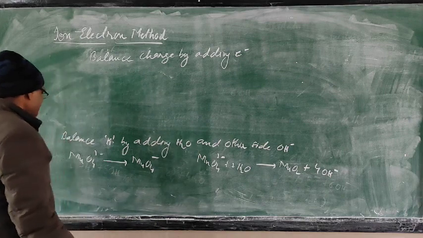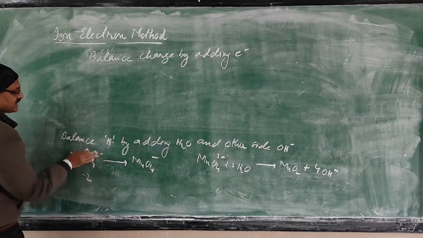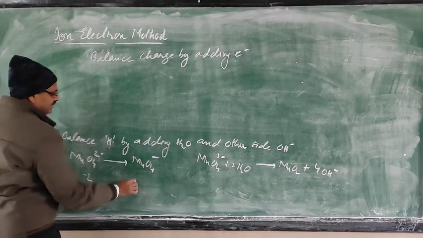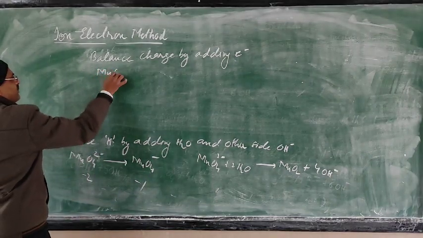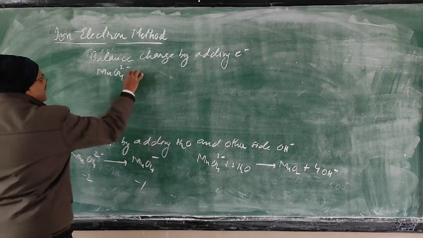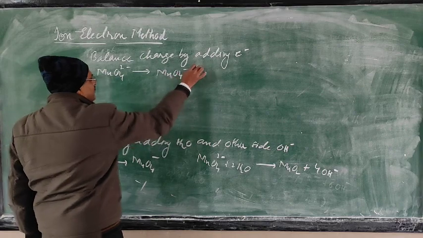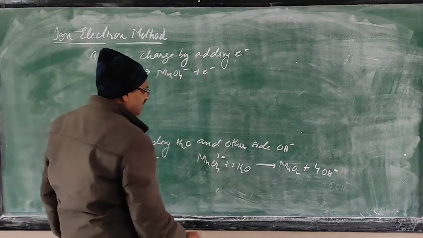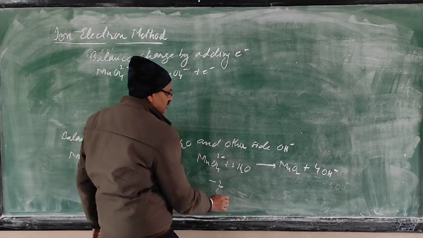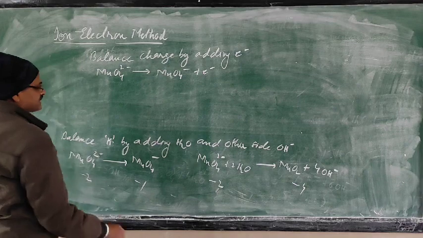So just to see the charge here, in this one -2 is there. That side -1. So 1 electron you can take. So MnO4 2 minus gives MnO4 minus plus 1 electron. Here -2 and -4. So this side you can write 2 electrons.